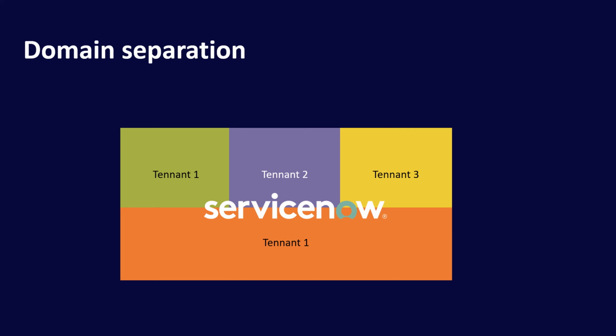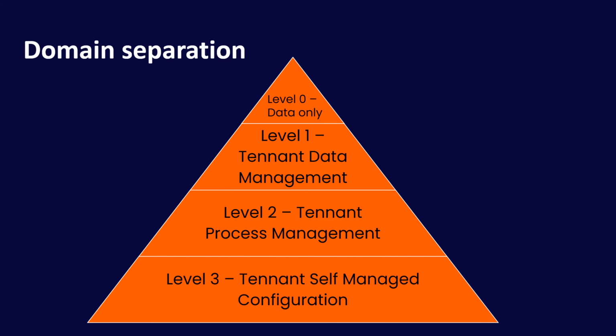So ServiceNow supports this, but it supports it at different degrees depending on how much you want to be able to separate things out. So at the basics only the data itself is separated. So by the data we mean the incidents in the incident table, changes in change requests, CIs in the CMDB, all the user accounts and whatnot are still all in the sort of master domain, if you like, the global domain.